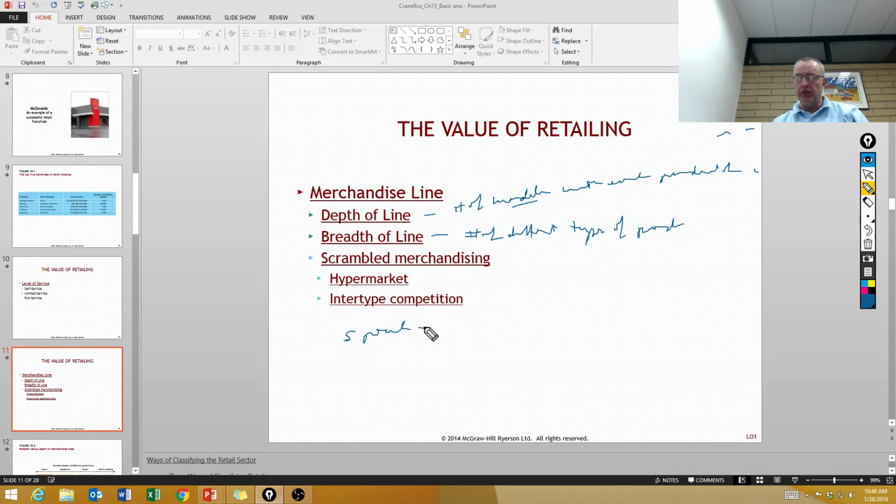These are stores that sell primarily just a single type of product, and good examples in Alberta here are liquor stores or beer stores. They just sell beer, they just sell liquor, they might sell some other miscellaneous paraphernalia, but basically they're alcohol stores.